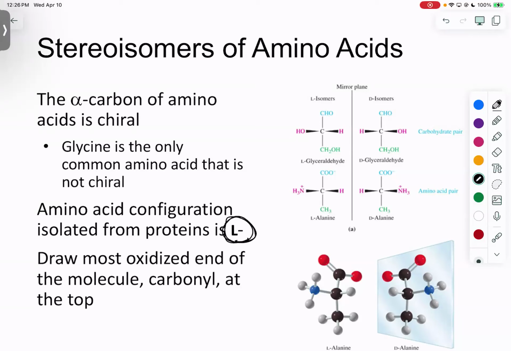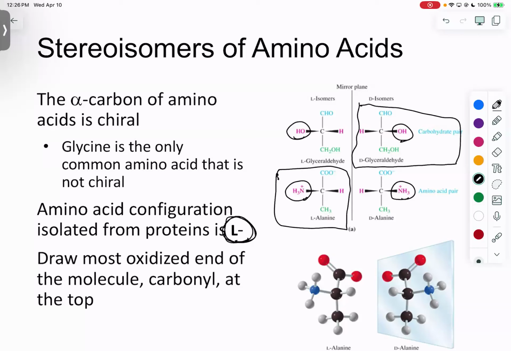So remember how on a carbohydrate, we looked at whether the hydroxyl on the last chiral carbon was on the left or the right? Now, instead of looking at the hydroxyl, we're looking at the amine group. Is it on the left or is it on the right? And we primarily can only metabolize L amino acids, and we can only metabolize D sugars. Isn't that kind of cool?